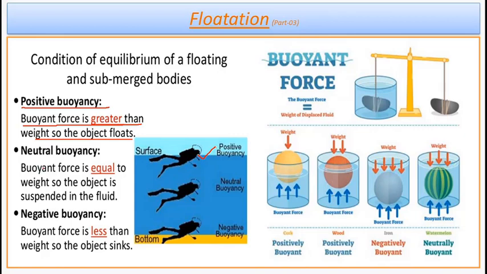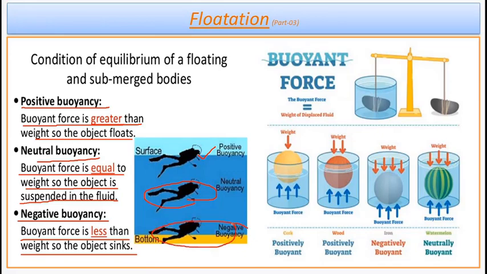Whereas for neutral buoyancy, the buoyant force is equal to the weight, so that the object is partially sunk or partially floating in the liquid. Whereas we have negative buoyancy, under which the buoyant force is quite less than the weight of the object which has been immersed in the liquid. Therefore, the object completely sinks in the given liquid.